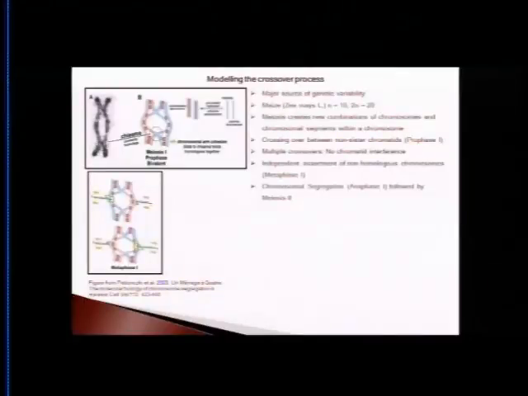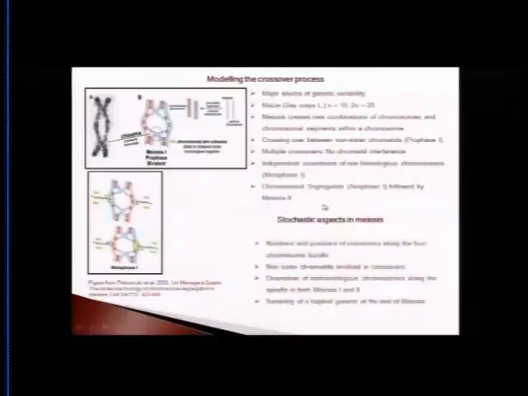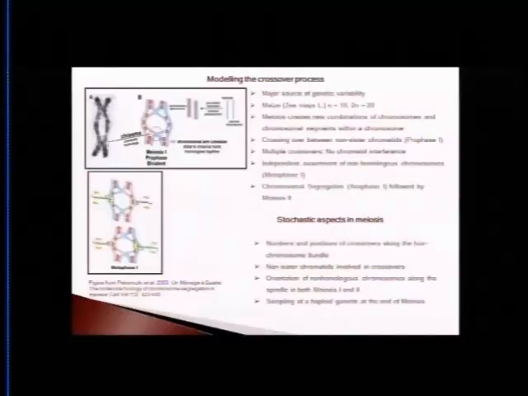So there are a couple of stochastic aspects in meiosis, which are the number and positions of crossovers along the 4-chromatid bundle, the non-sister chromatids involved in crossovers, orientation of non-homologous chromosomes along the spindle in both meiosis 1 and 2, and finally the sampling of haploid gamete at the end of meiosis.